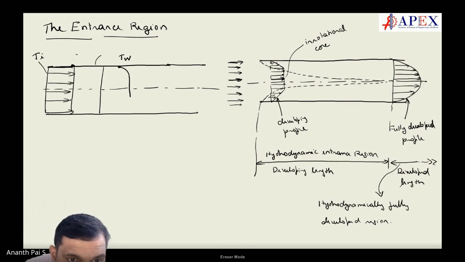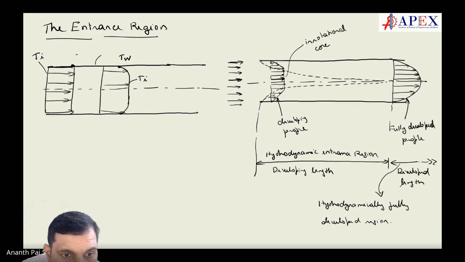This irrotational region may not be totally at the same temperature. This is Ti, it remains Ti. And here is the thermal boundary layer, which starts somewhere over here. Make sense?